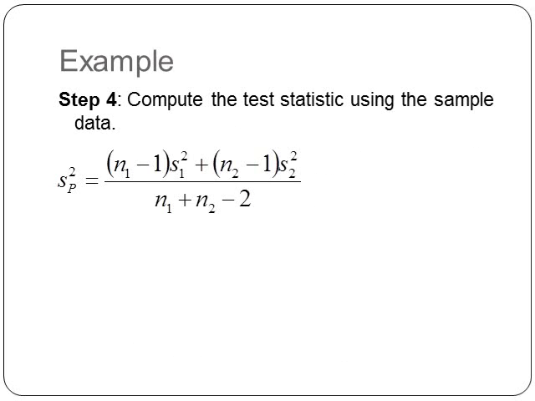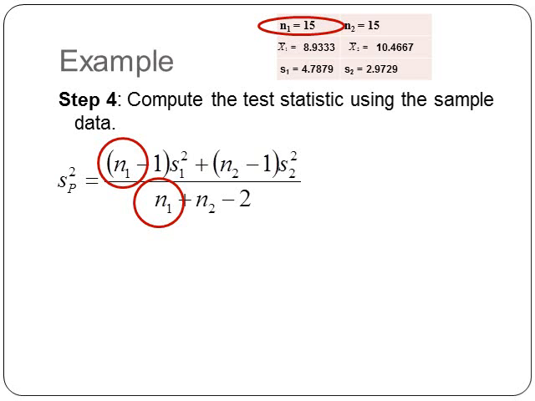In this case, one of the things we might want to do first, if we were calculating this by hand, is go ahead and calculate the pooled variance. So here's our data, where our sample size for each group is 15, and we have the means and standard deviation for each group.